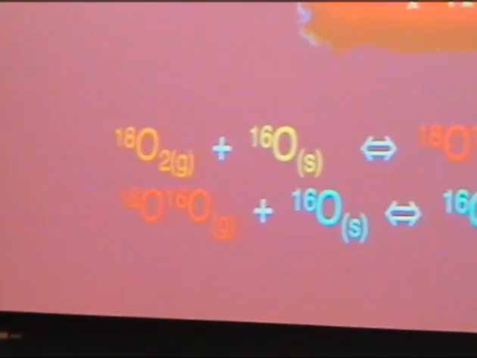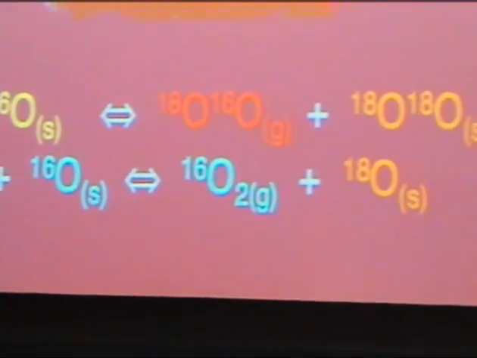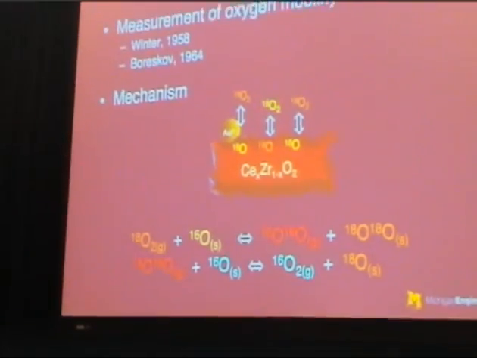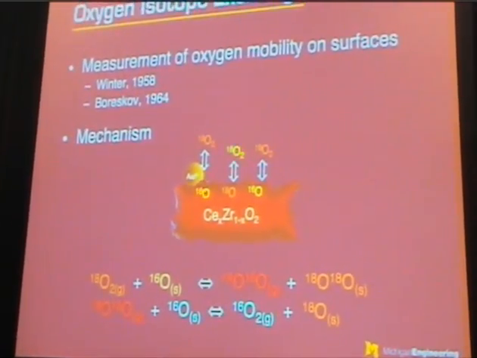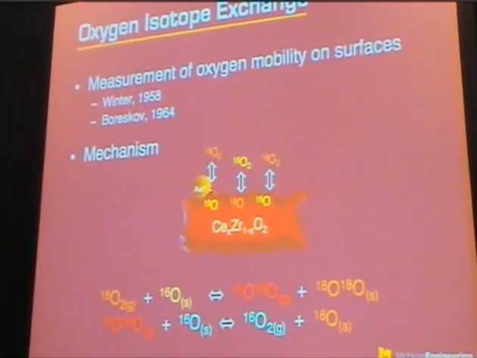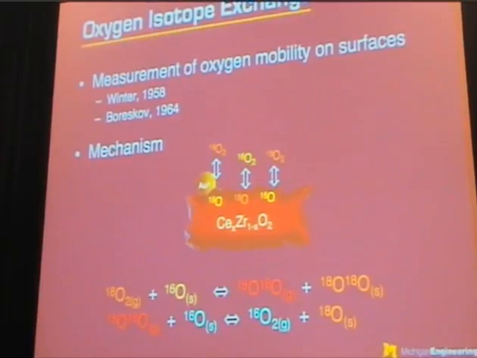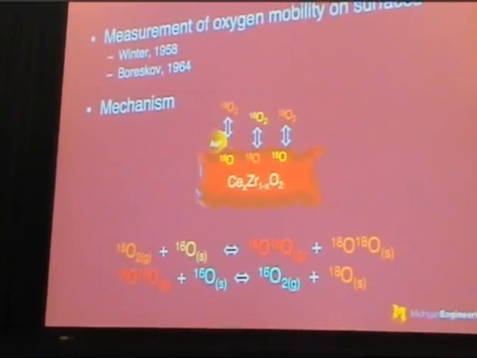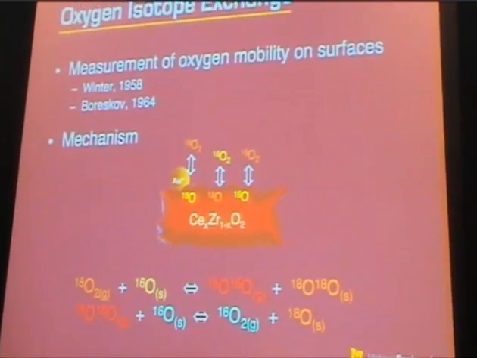In the mechanism, like the previous speaker illustrated, the oxygen 18 dissociatively adsorbs on the surface and migrates on the surface, and the exchange of the oxygen 18 and oxygen 16 occurs and represents how the mobility of the surface was.